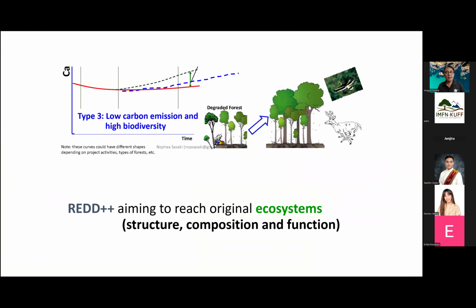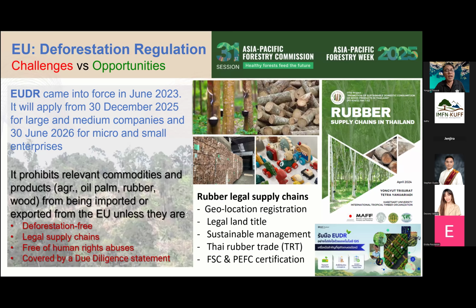So beside the REDD, so right now there is the other mechanism promoted by a European country. It's called the EUDR, European Deforestation Regulation. It means that on agricultural product, 16 product such as the forest, soybean, or others, this must be produced or generated from the area, not from the deforestation area, right?